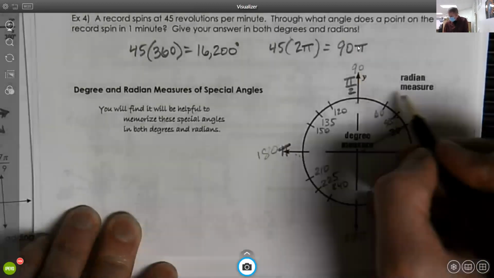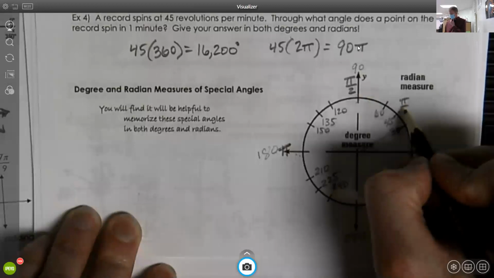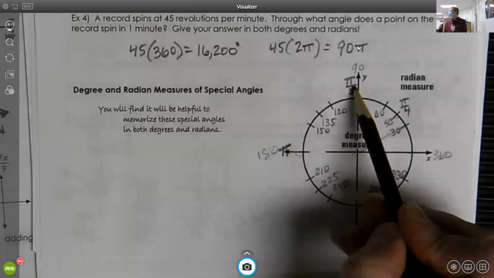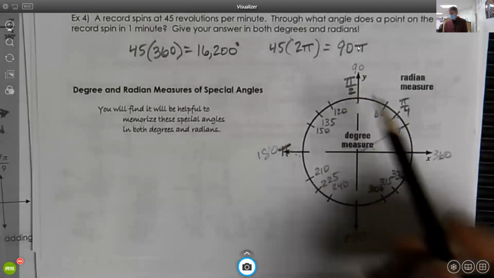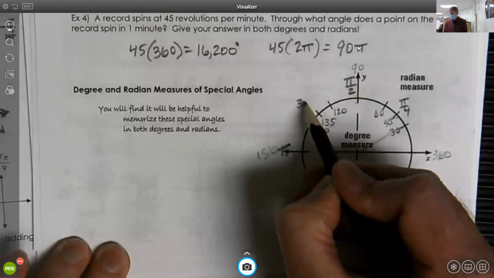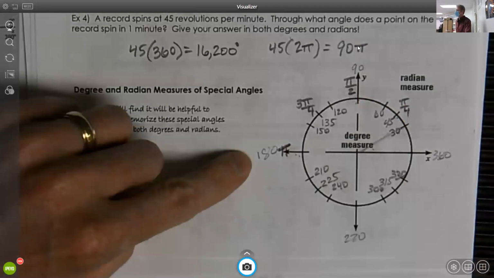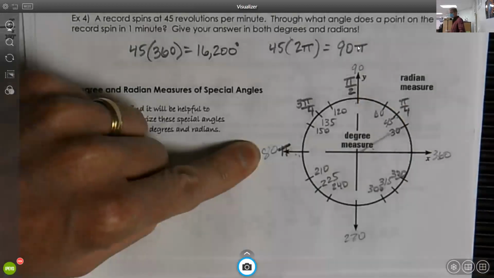So this is pi over 4. This would be 2 pi over 4. 2 pi over 4 is pi over 2. This one would be 3 pi over 4. So we're counting by fourths. This would be 4 pi over 4. It would reduce down to pi.